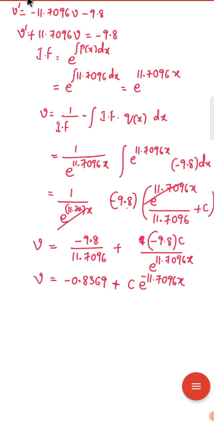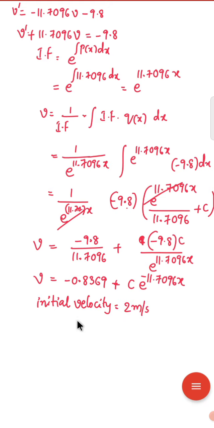Now we found the v in terms of x, but we have an unknown, that is c. If we find c, then we have found the entire solution, right? How to find the c? There is a clue that given initial velocity is 2 meters per second.